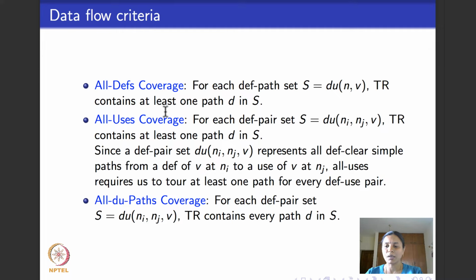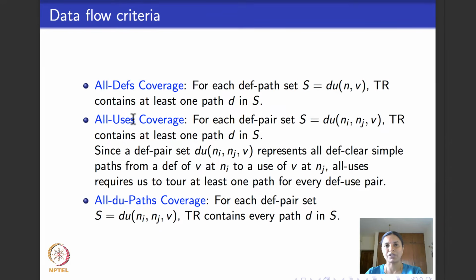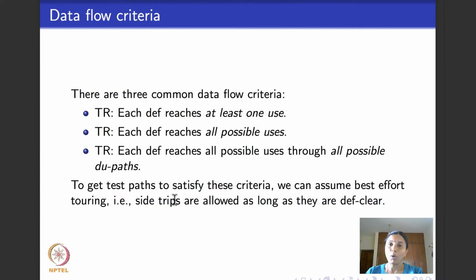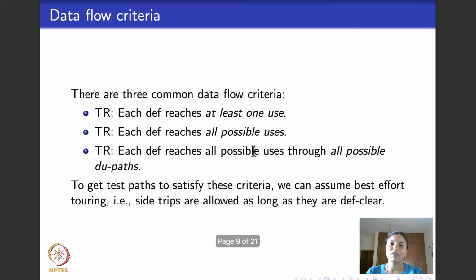If you find these definitions cumbersome, the easiest way to understand data flow criteria is to look at the previous slide. There's one criterion which says every def reaches at least one use. That is all defs coverage. I don't worry about covering all the uses, but I want to cover every definition. The second one, all uses coverage, says every definition reaches all possible uses. That's why it's called all uses coverage. The third, all du path coverage, says that for every definition and every possible use of it, take every possible path that goes from a definition to a use.